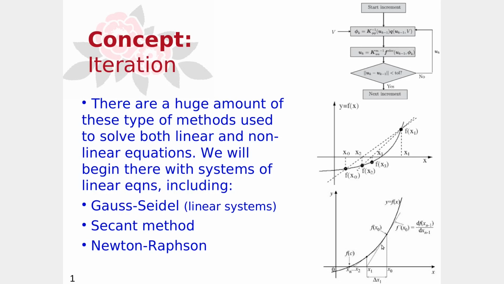There are other schemes. This particular scheme is the Newton-Raphson scheme. The Newton-Raphson scheme uses the derivative, the analytic derivative or a numerical derivative, in which to approximate the next solution.